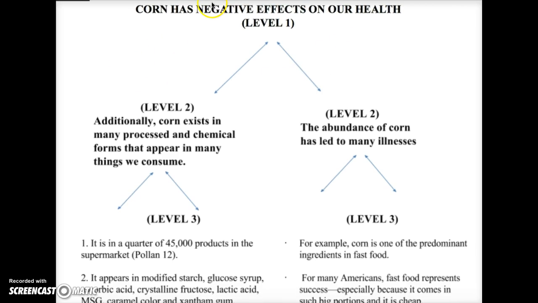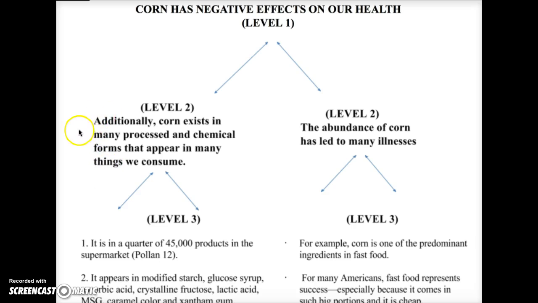And so my level 2 sentences here and here, they're going to get a little bit more specific, but they're still just telling different points related to this level 1 sentence. So let's look here. Additionally, corn exists in many processed and chemical forms that appear in many things we consume.